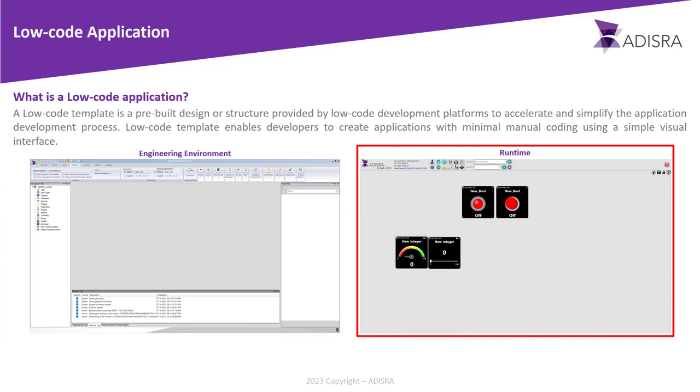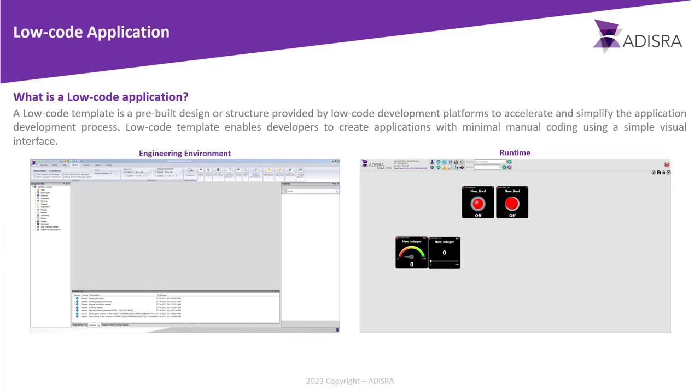The ADISRA Lowcode template allows users to create, configure, delete, and change tags, triggers, schedulers, templates, alarms, drivers, databases, history, and more at runtime. This allows users to customize HMI screens, configure and monitor their system without entering the ADISRA SmartView development environment.